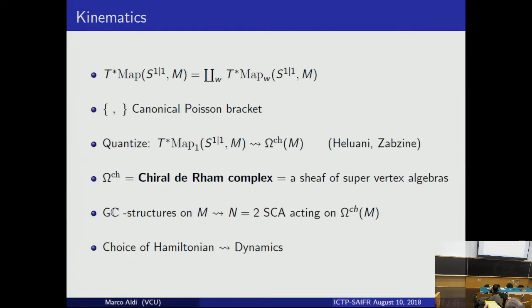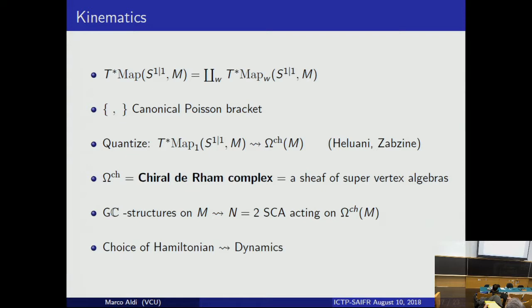There's a framework developed by Heluani and Zabzine of Hamiltonian quantization of the sigma model. You look at the cotangent bundle of this super loop space, and it comes with the canonical Poisson bracket, and as it turns out, its quantization leads to the chiral de Rham complex of the underlying manifold.